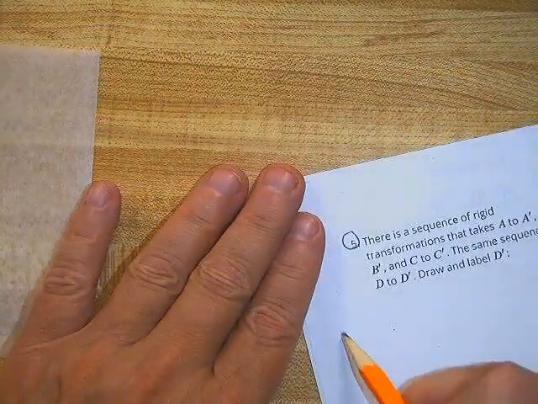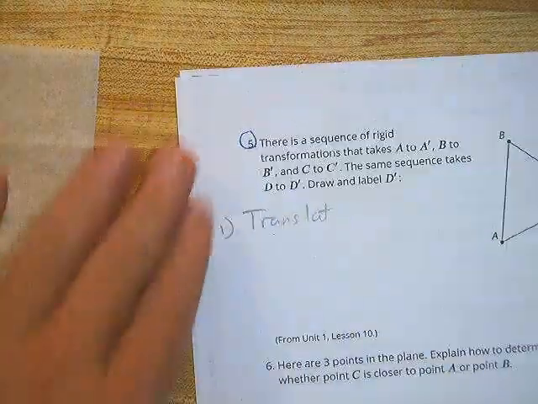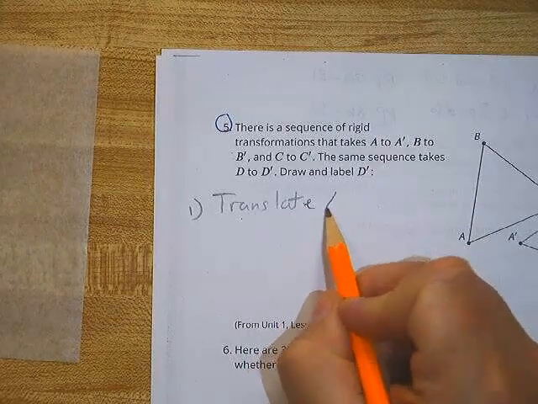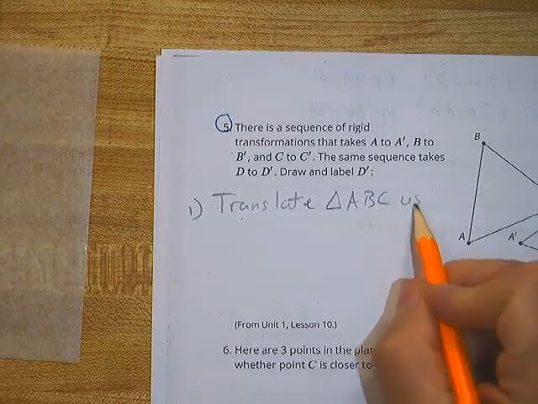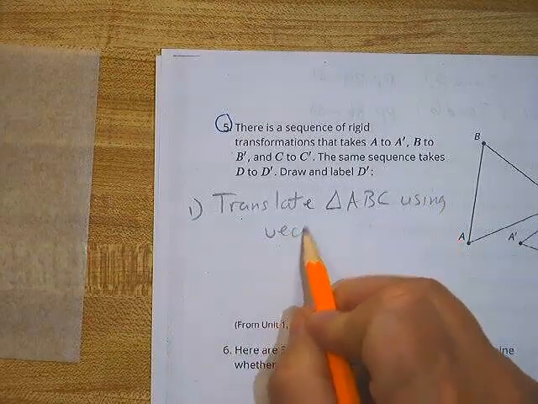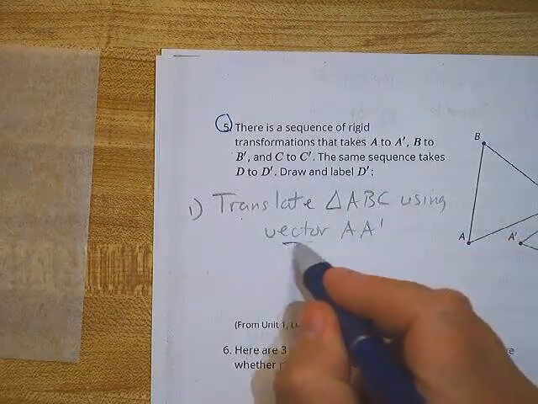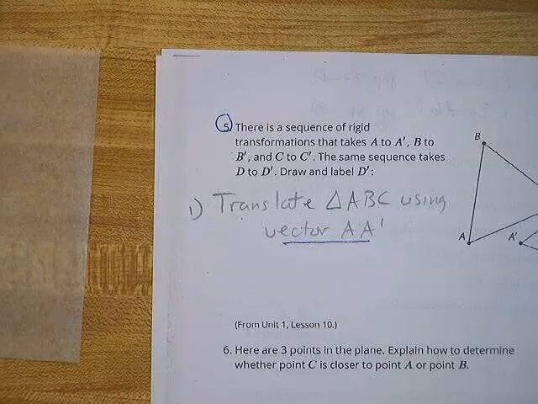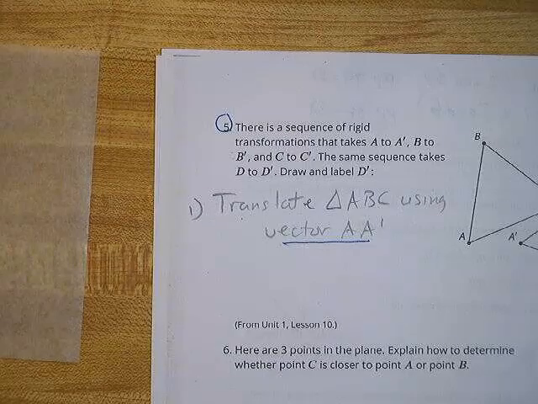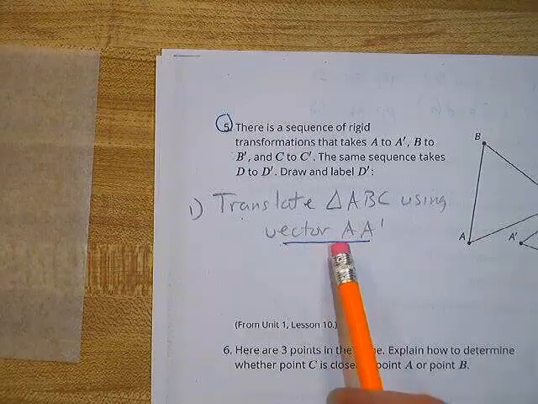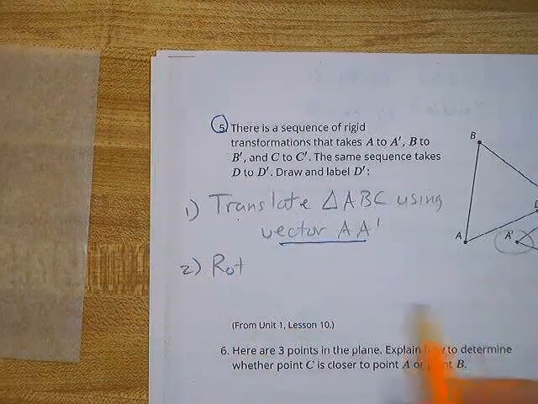So step 1 is translate triangle ABC using vector A to A prime. When you talk about translation, you need to talk about where you're sliding to, and from what point. So we'll call that a vector. And in step 2, we're going to rotate around A prime.